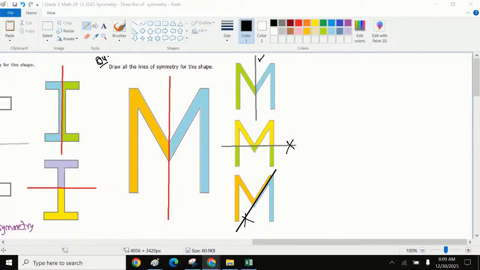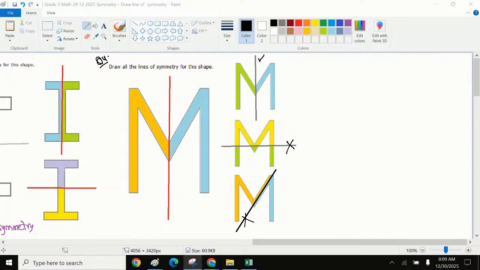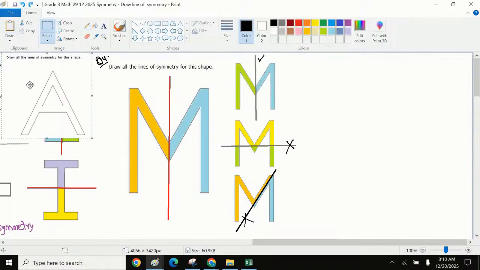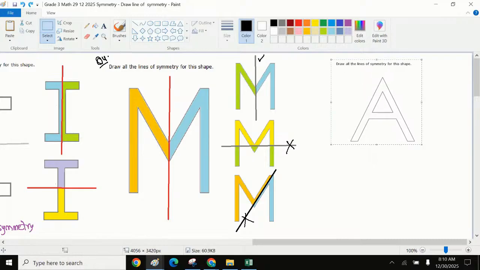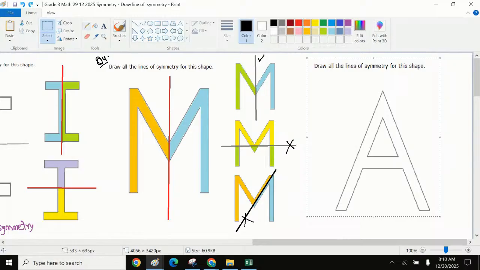Okay, yes, thank you. The next shape is the alphabet A. Let's look at the alphabet A and try to find the line of symmetry for this. Sorry, I'll just recopy this. In this case, we know that the alphabet A can have a vertical line, right?